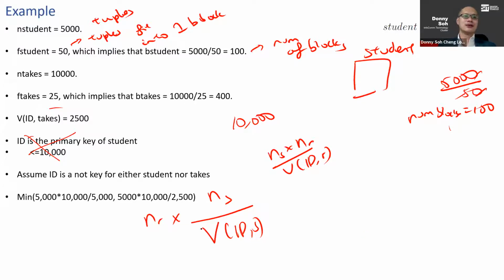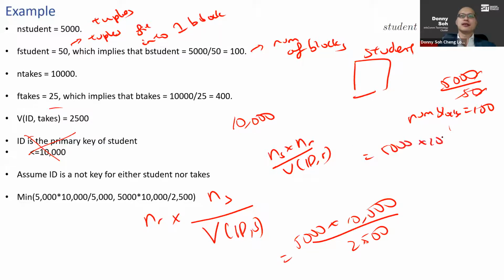Okay, so we know that this is 5,000 times 10,000 divided by V(ID, ticks), let's say 2,500, and the other one will be 5,000 times 10,000 divided by 5,000. Okay, let's assume that V(ID, ticks) equals 5,000.